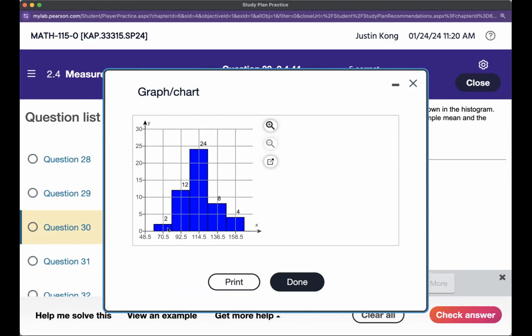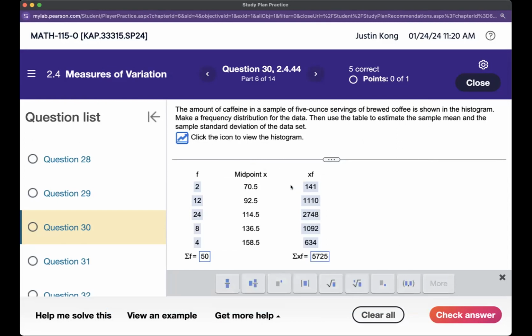So I don't know what values are actually, but I know they're in this range. I'm just going to call them both 70.5. So when I add up all my values, this is like I counted 70.5 twice. I counted 92.5 12 times, 114.5 24 times, 136.5 8 times, and 158.5 4 times. And I add up all those numbers, and this is what I would get.